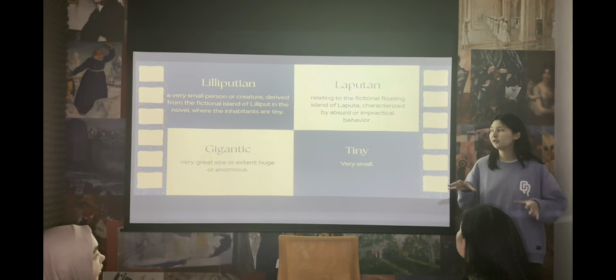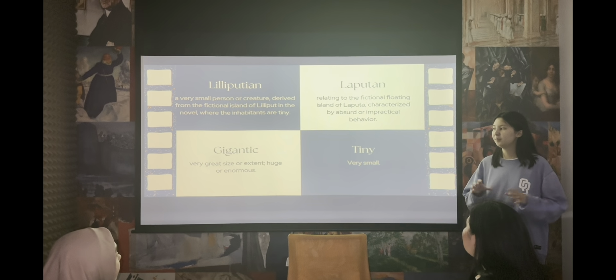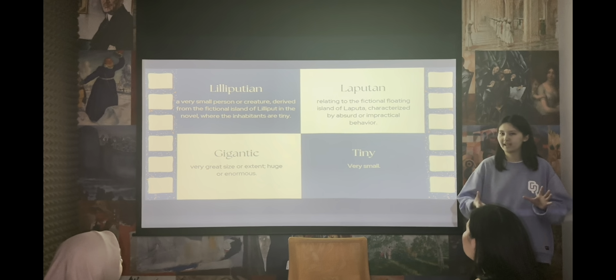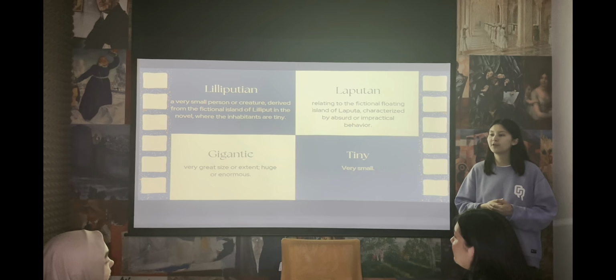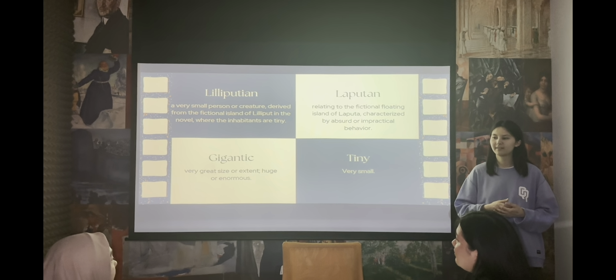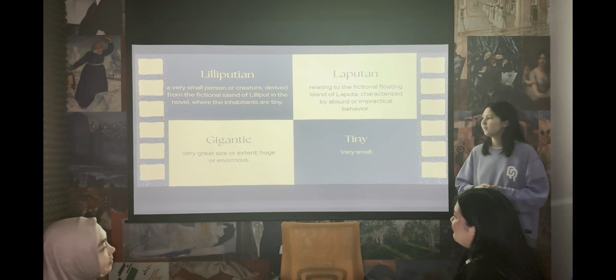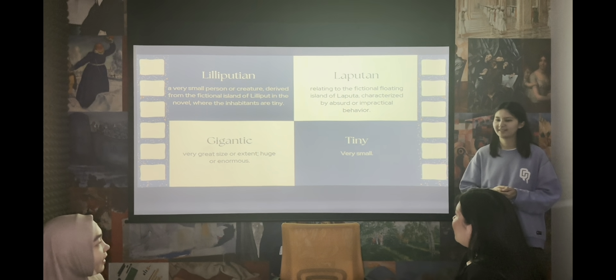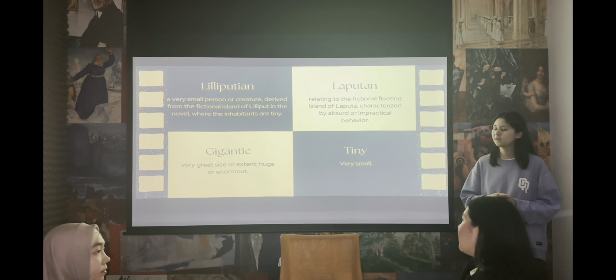Now, children, repeat after me. Gigantic. Gigantic. It means very great size or extent, huge or enormous. Elvira, can you give me an example for gigantic? I have a gigantic problem. Okay, good. Tiny. Tiny. It means very small. Adiya, can you give me an example for this?